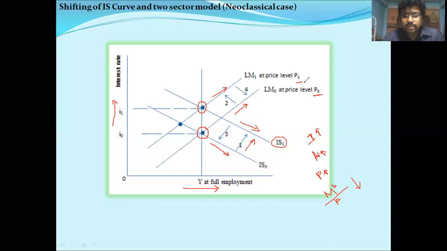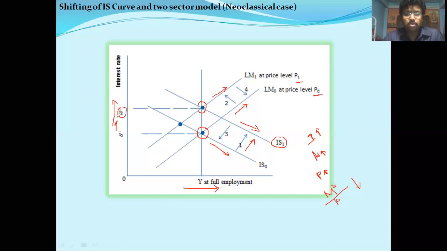But this increase in the price level, that is P1, increases the interest rate. The new interest rate is I1. Now, as the new interest rate is I1, there is a disincentive effect.